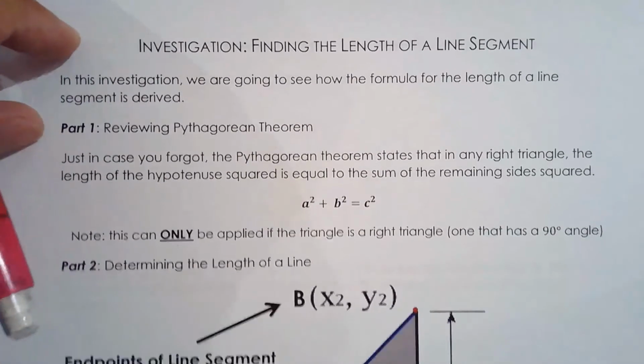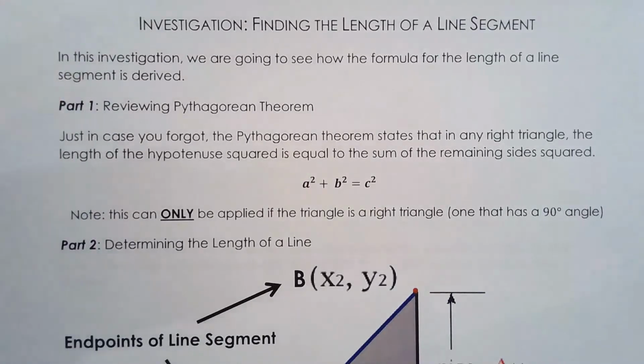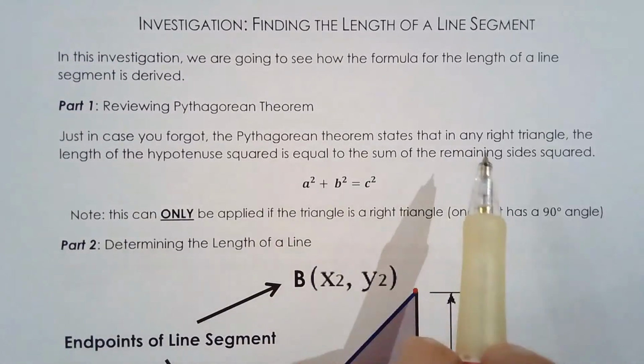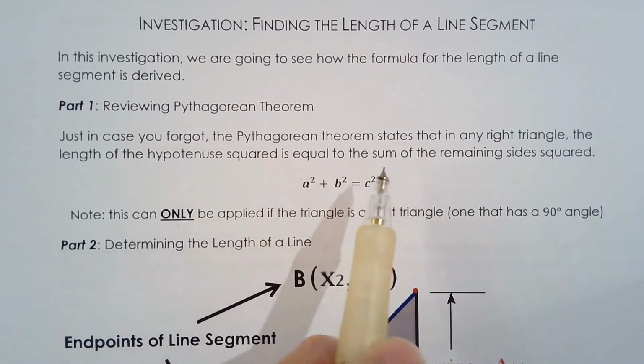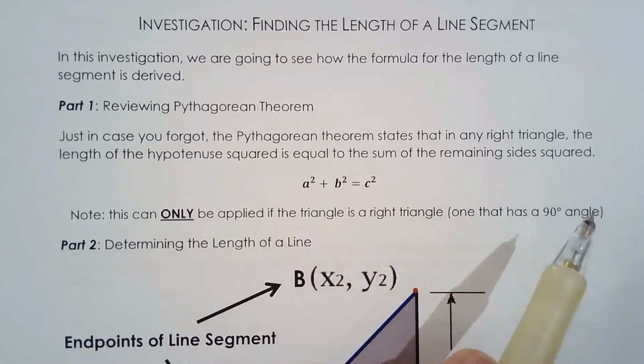Finding the length of a line segment, the formula is pretty scary looking, but it's actually very simple. All you have to remember is the Pythagorean theorem from elementary school. What is the Pythagorean theorem? It states that in any right triangle, the length of the hypotenuse squared is equal to the sum of the remaining sides squared.